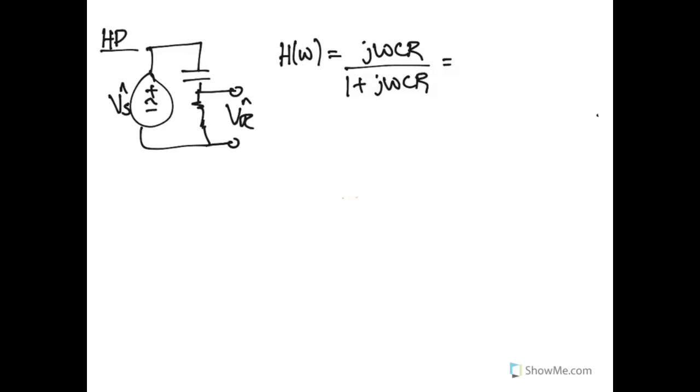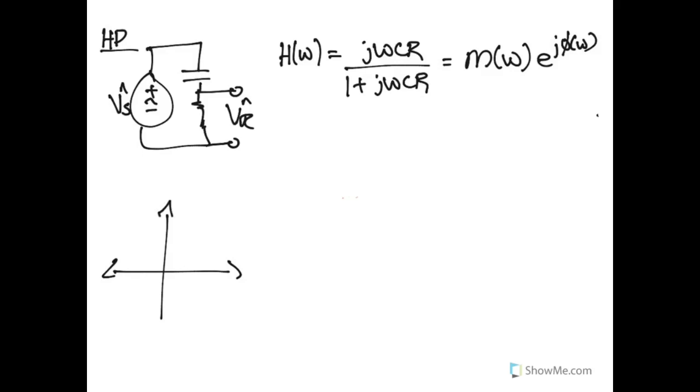Again, we'd like to represent this more in terms of what the magnitude function is and then what the phase function is. So we're going to need to transform this rectilinear expression into a polar expression. Our value at the top, jwCR, if we were to plot that on a complex plane, would be at the point right here.